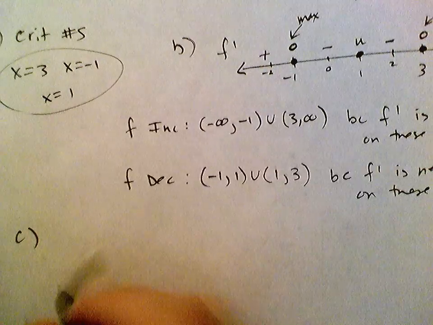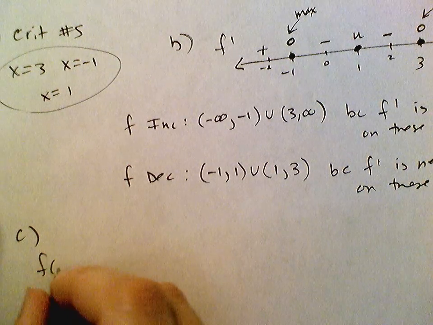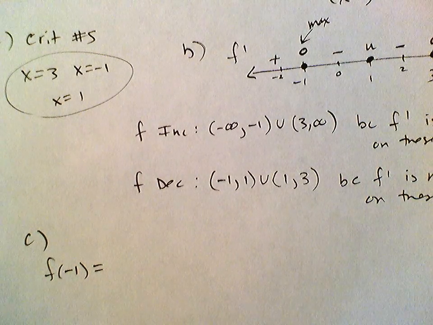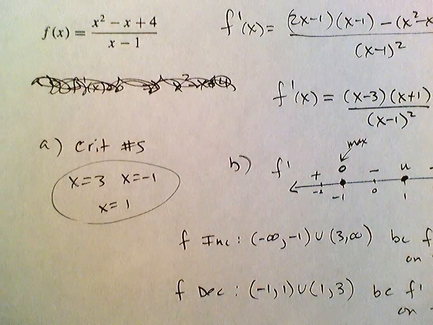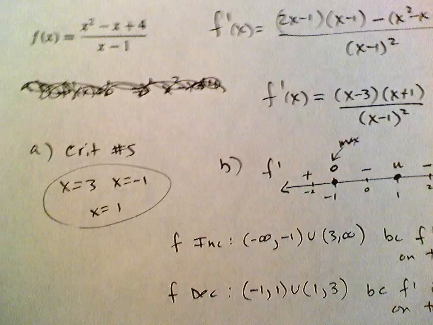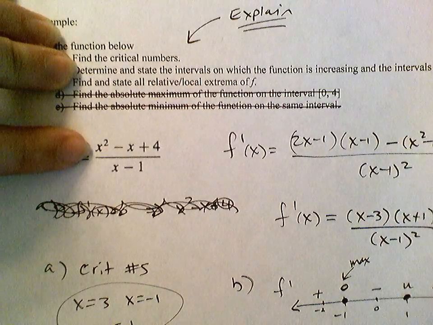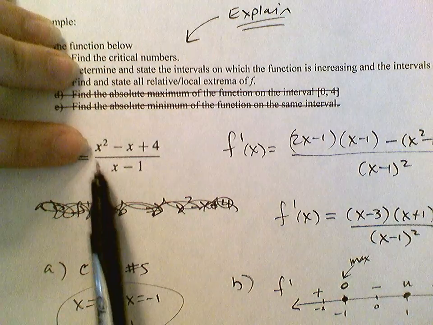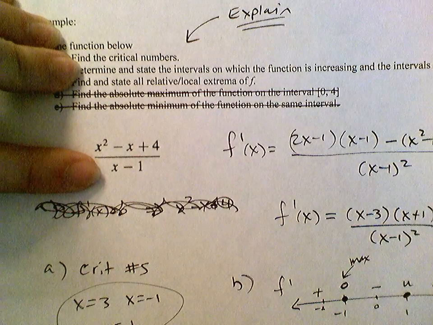Alrighty, so for part C, I will say, and remember we're saying y, f of -1, oh, but we've got to plug it back in. Okay, f of -1, I haven't done this yet, equals, okay, so if we plug -1 in up here, we get 1 plus 1 plus 4, so we get +6 over -2.